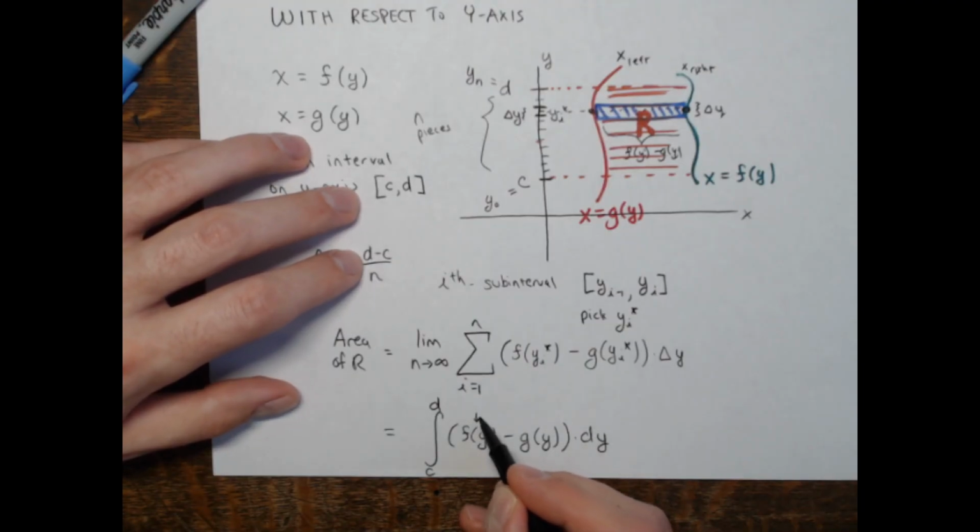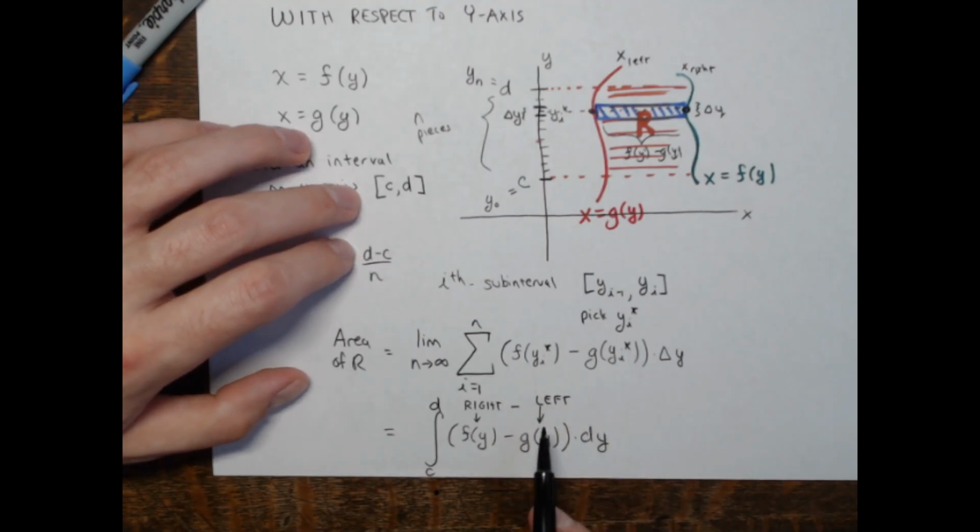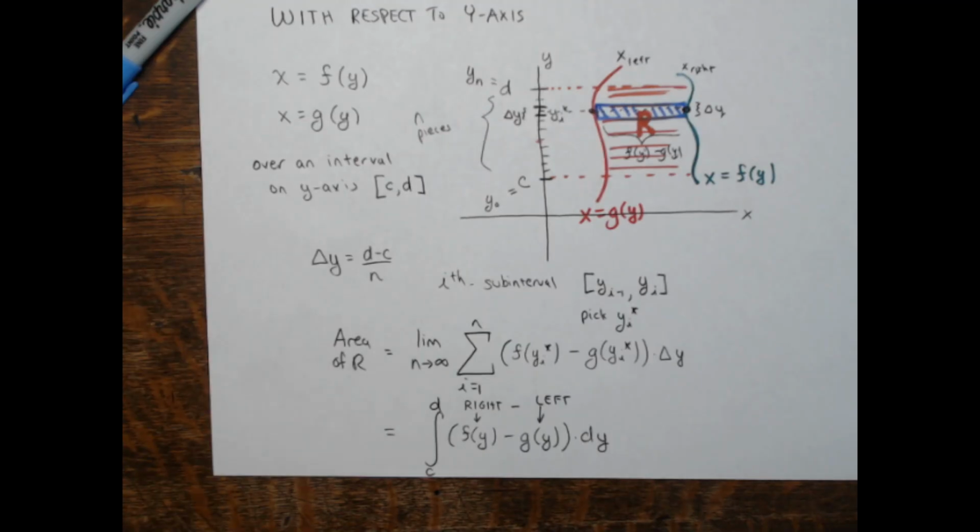But again, this is the right curve, the x coordinates of the right curve in terms of y, minus the x coordinates of the left curve in terms of y. So instead of top minus bottom, it'll be right minus left. Look at right minus left and get everything in terms of y. So very similar.